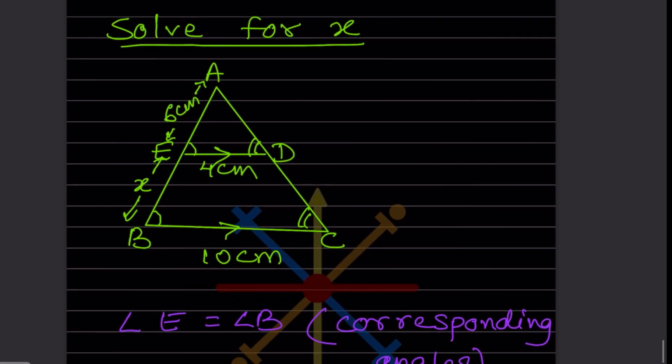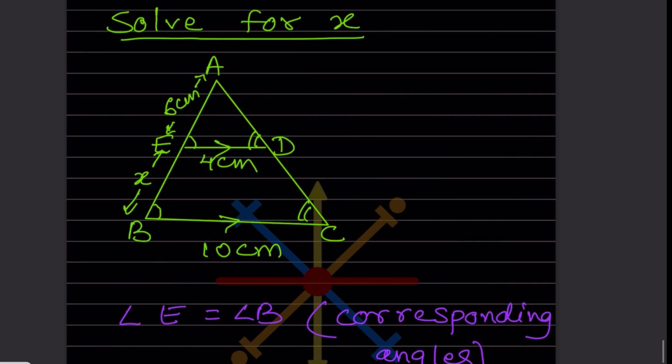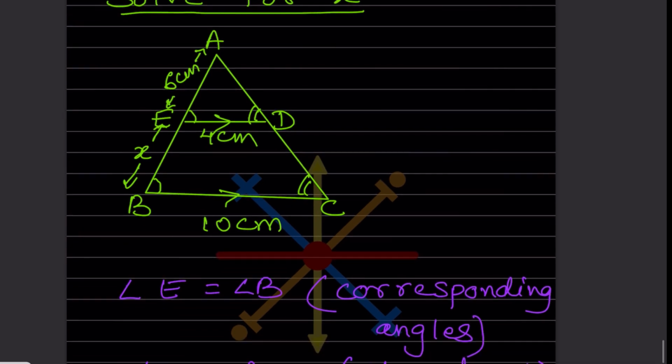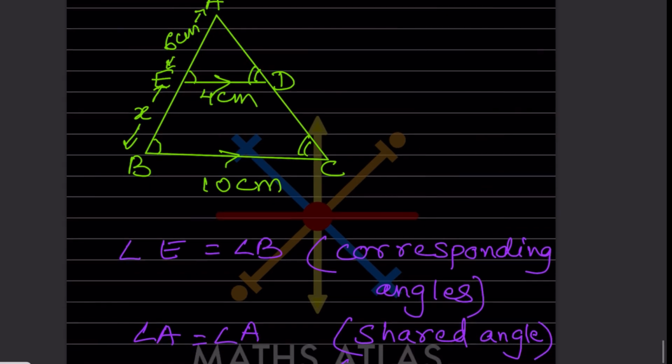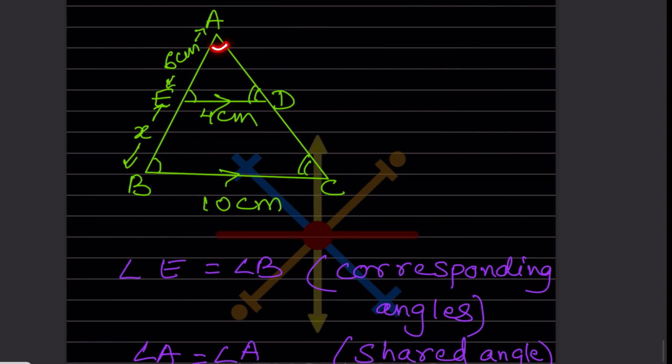Now again, what we have to do is solve for x. Look here, x is over here. So what will we do here? We know that angle E, if we consider this triangle, is equal to angle B, because they are corresponding angles. Again, angle A is equal to angle A, that is the shared angle.